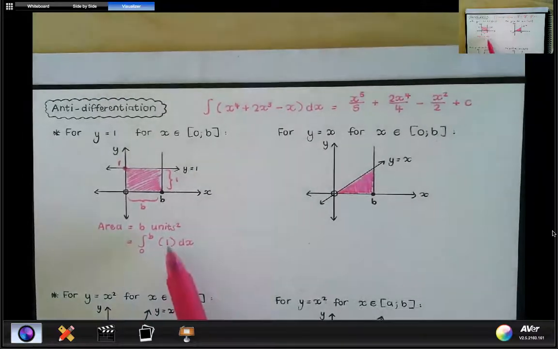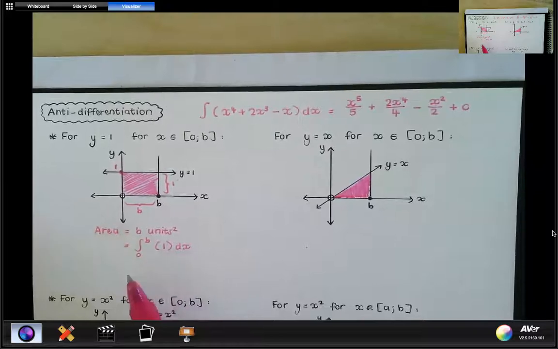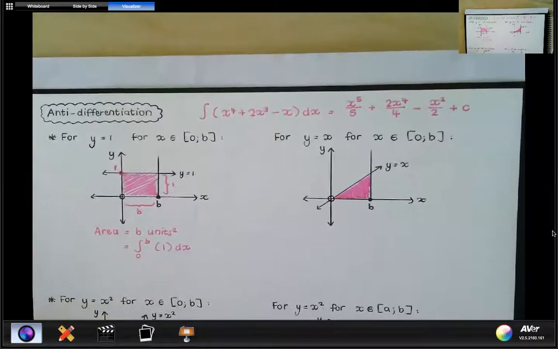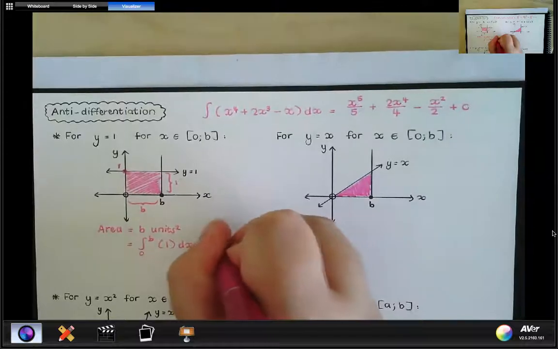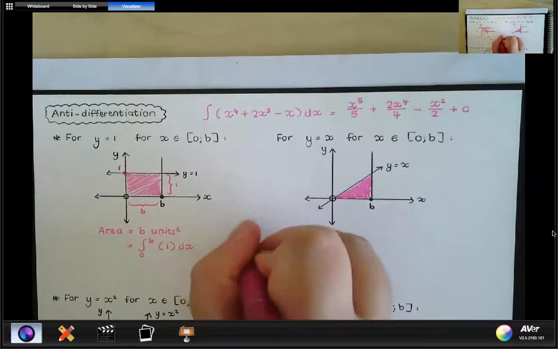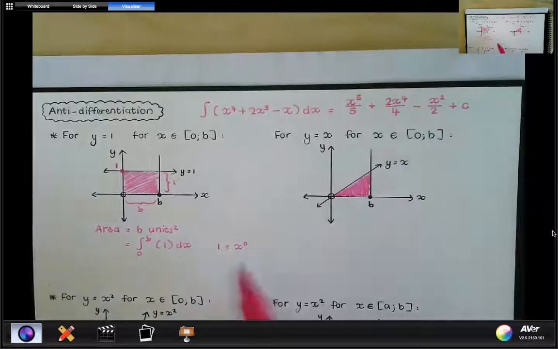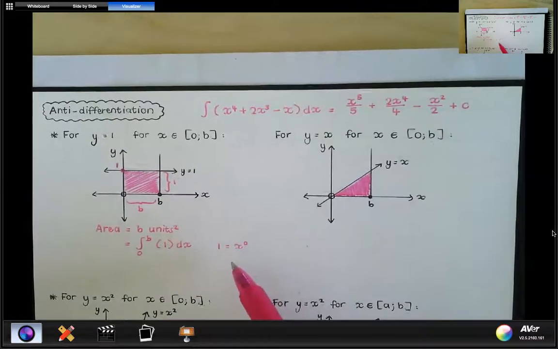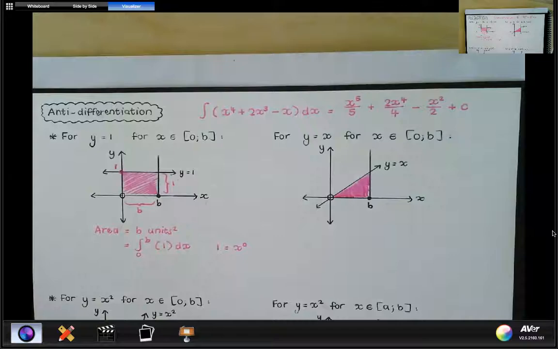Now what is the integral of 1? Remember that 1 is the same as x to the 0. So if we had to find this integral, we would add 1 to the exponent and then put it over that exponent. So this integral will actually be x to the 1 over 1.